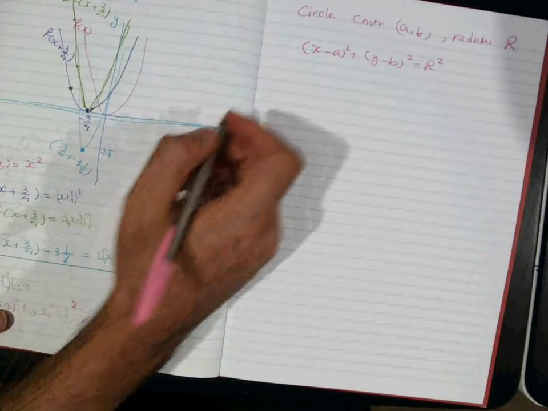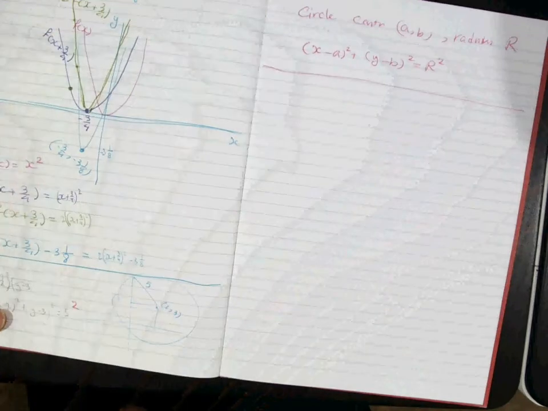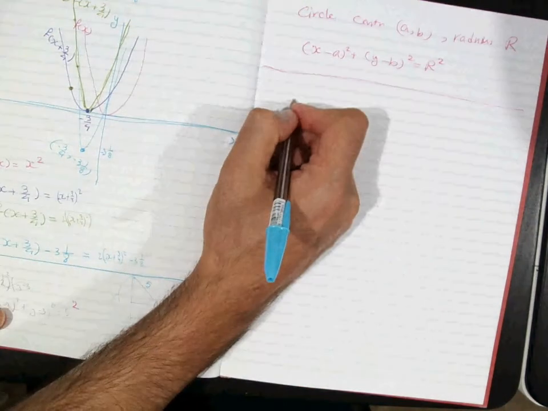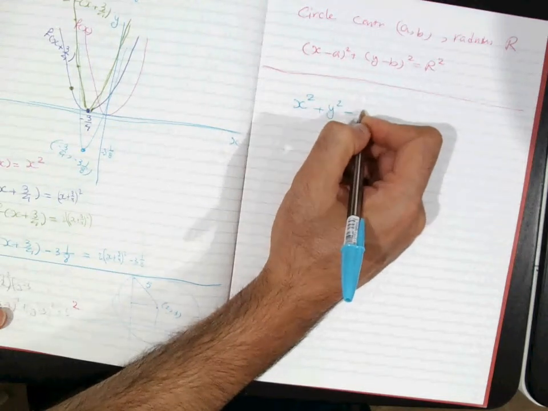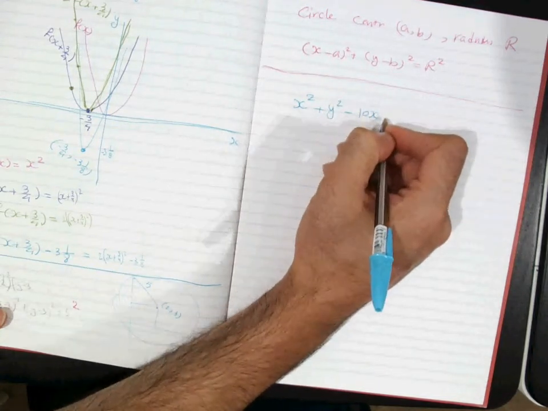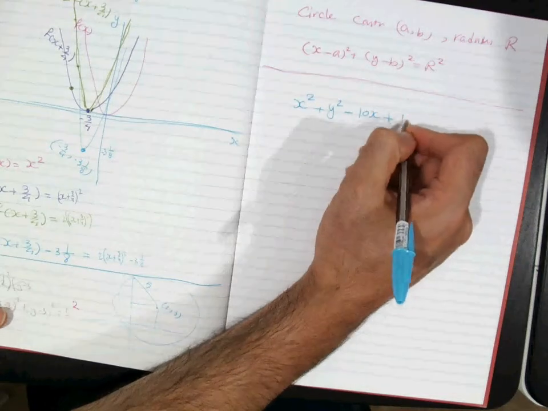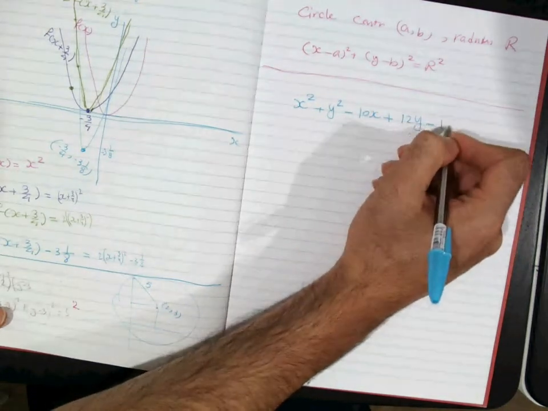Yes. Now, what do you think that this is the equation of? x squared plus y squared minus 10x plus 12y minus 1 equals 0.